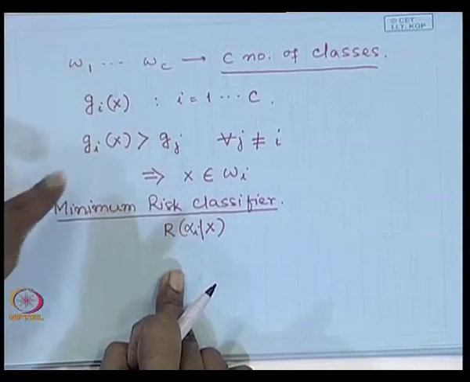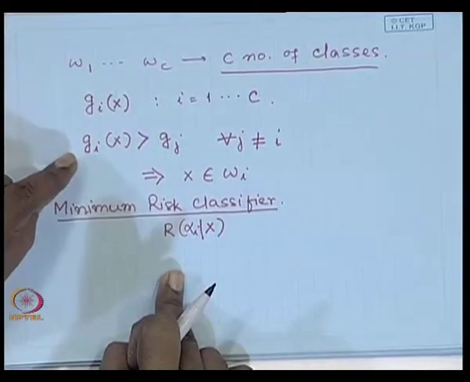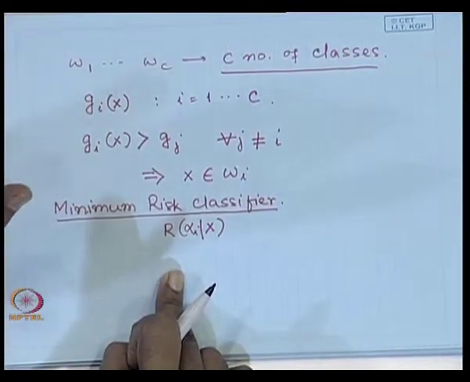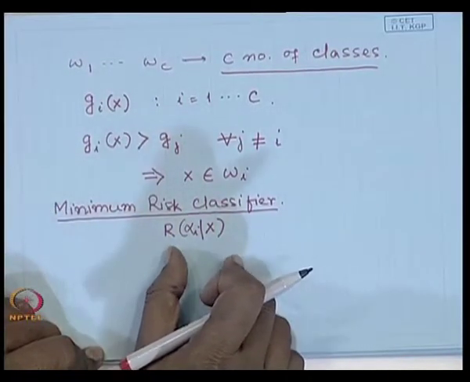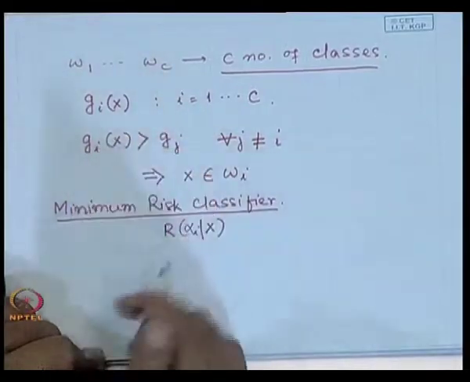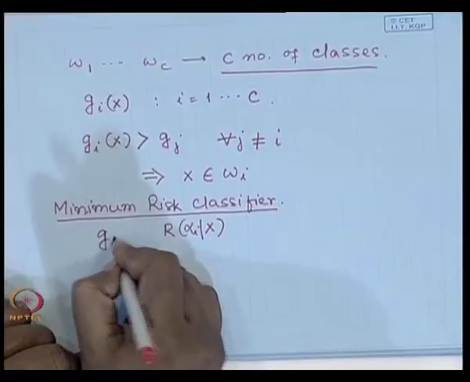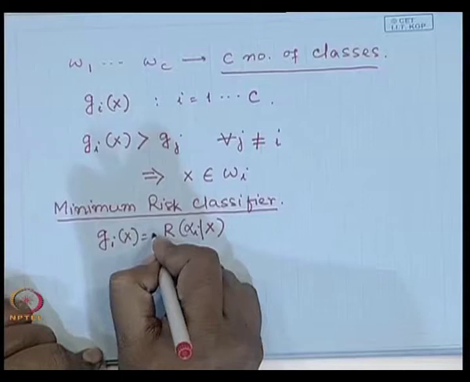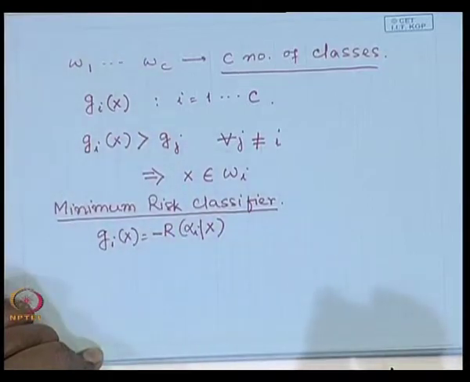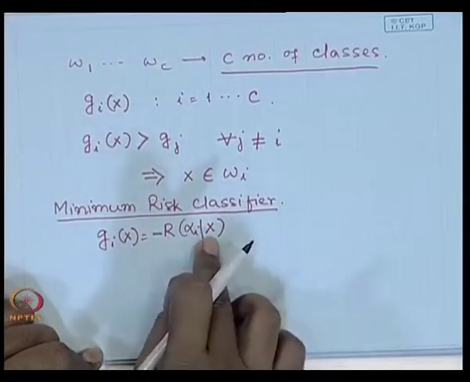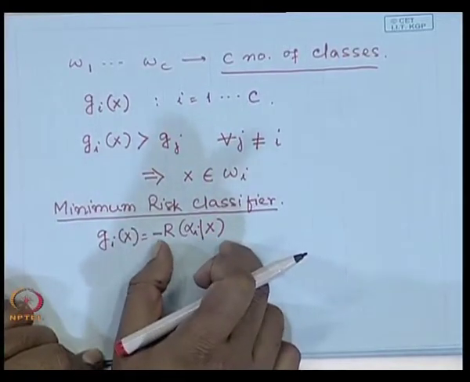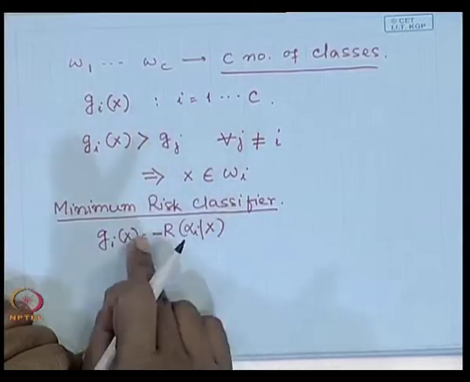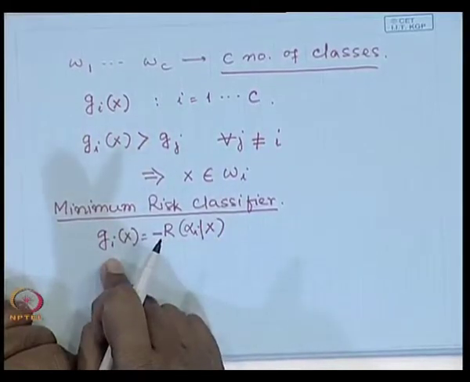But in terms of the discriminant function g i x, the value has to be maximum. So, to relate the risk function with the discriminant function, I have to make g i x the negative of R of alpha i given x, because whenever this R of alpha i given x is minimum, by negating it g i x becomes maximum.